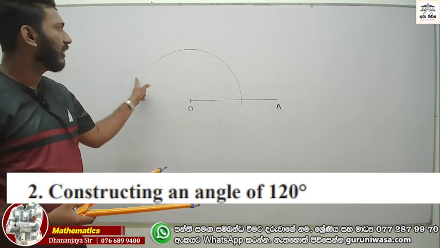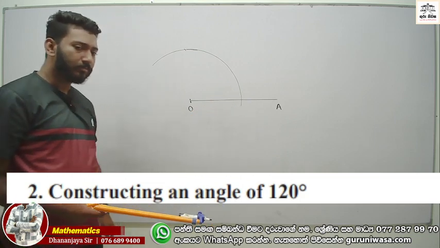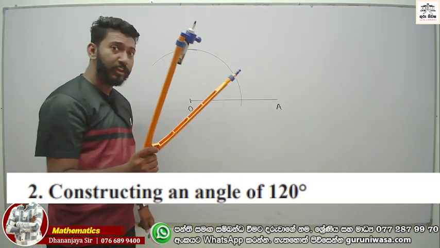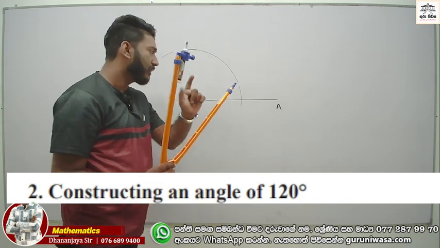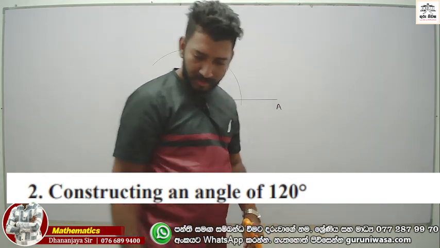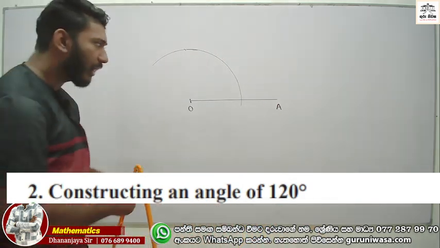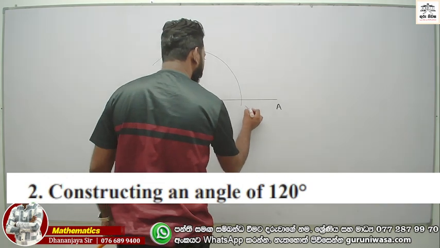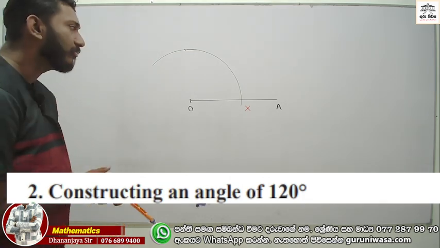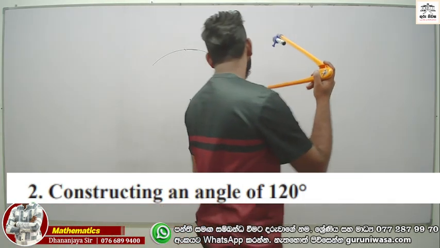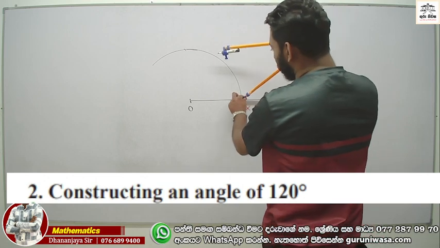Therefore, I'm going to draw the arc like this. Right? Now, don't change the radius of this compass. Now, the intersection point, I am going to mark as X here. Now, place your compass on X as a center. Now, draw the arc.